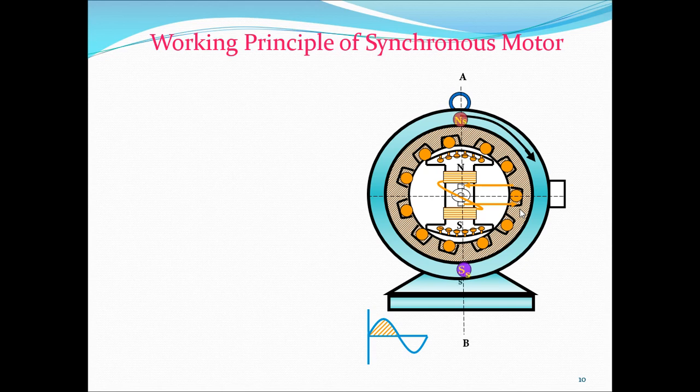So what do we have to do? We have to start the rotor near the synchronous speed by using some external DC motor or small AC motor. Nowadays, what they are doing is providing a damper winding on the rotor to make the synchronous motor self-starting.